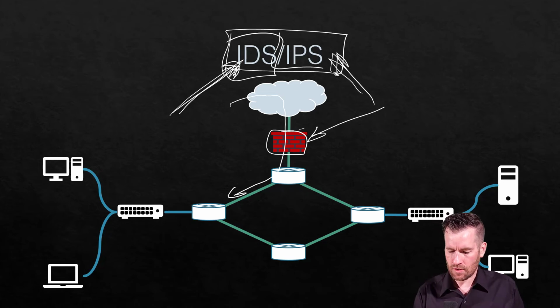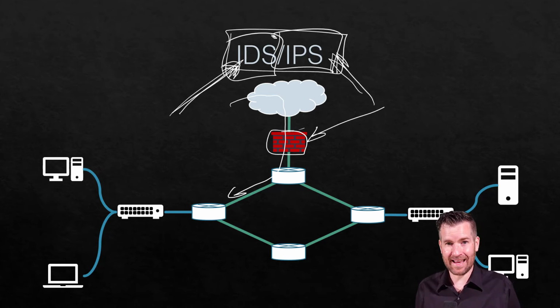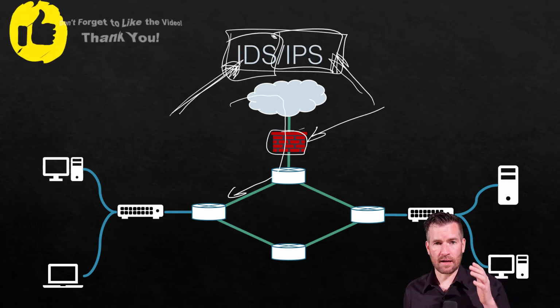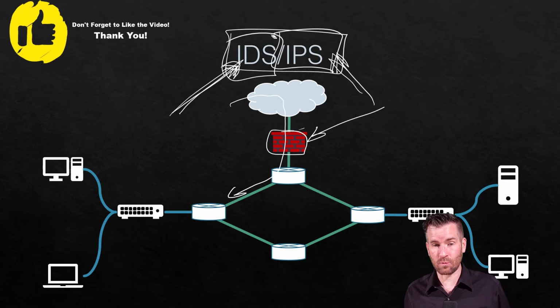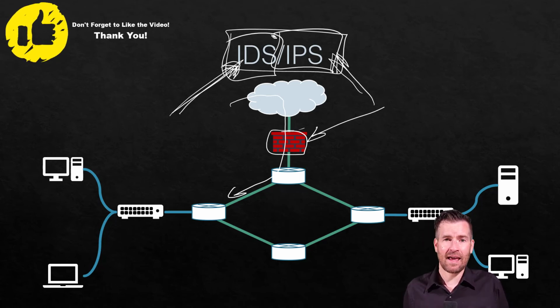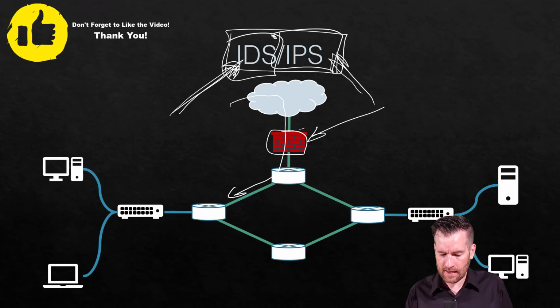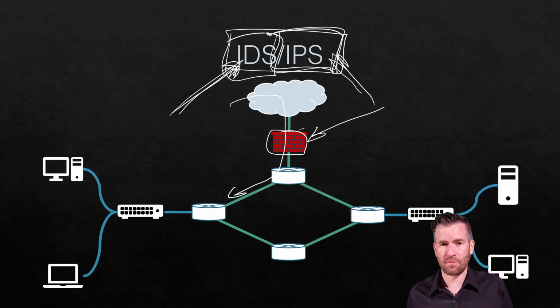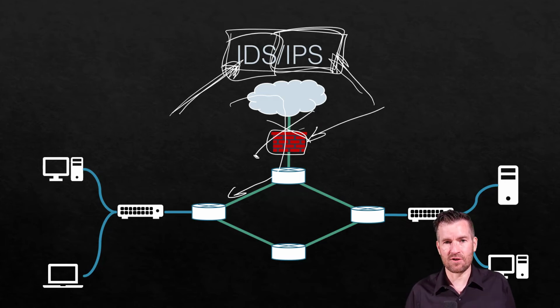So then you have intrusion prevention system. And once again, the big difference between these two is an intrusion prevention system will do something about it. Rather than just logging it and flagging it and setting notifications on it, an intrusion prevention system will actually start blocking the traffic and doing something about that traffic that's coming in.